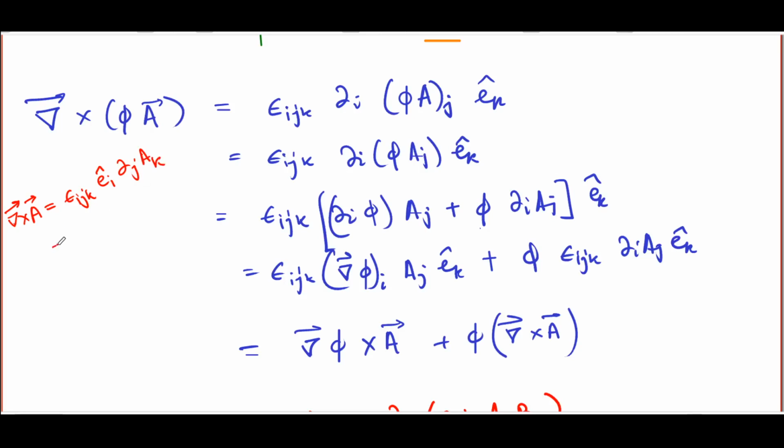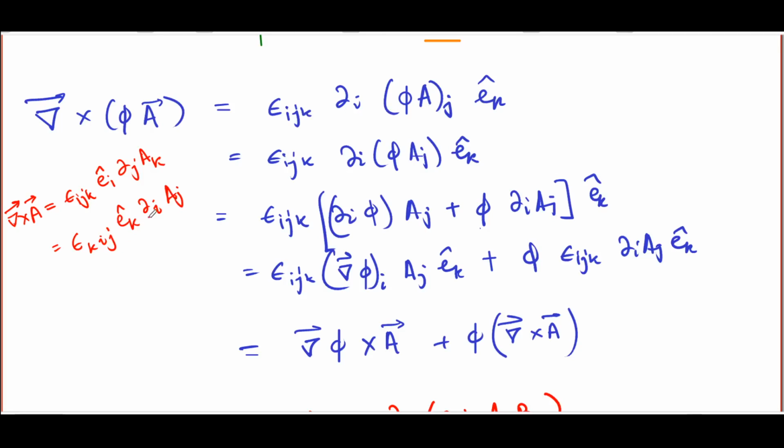However, I am fully free to change my dummy variables. One of the things I can do, and I have done before, is permute them cyclically so that this becomes epsilon kij ek del i aj.